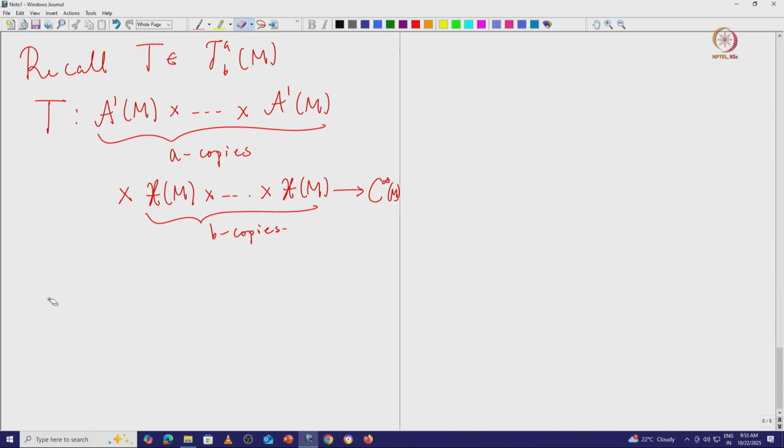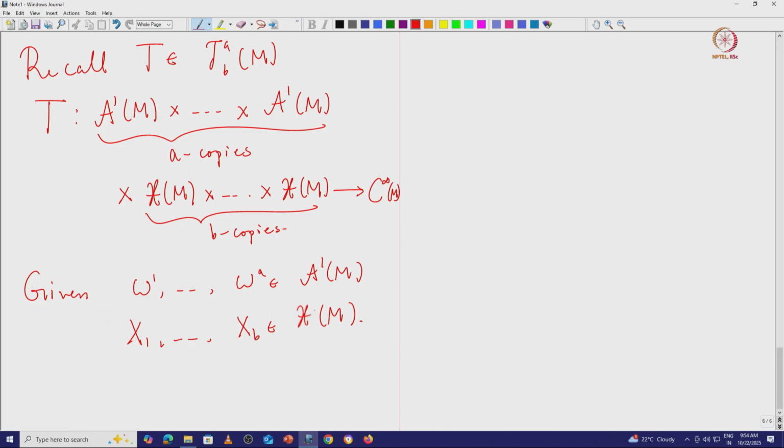So again, suppose now you are given A one-forms and you are given B vector fields, right?